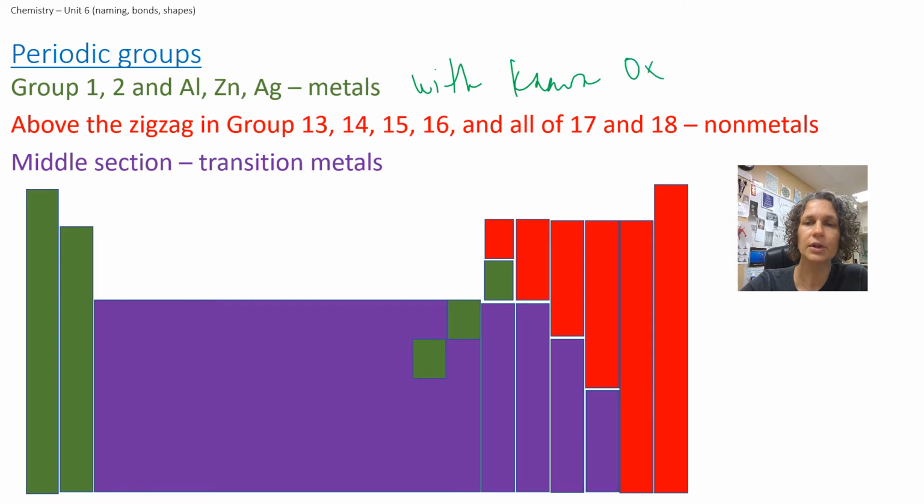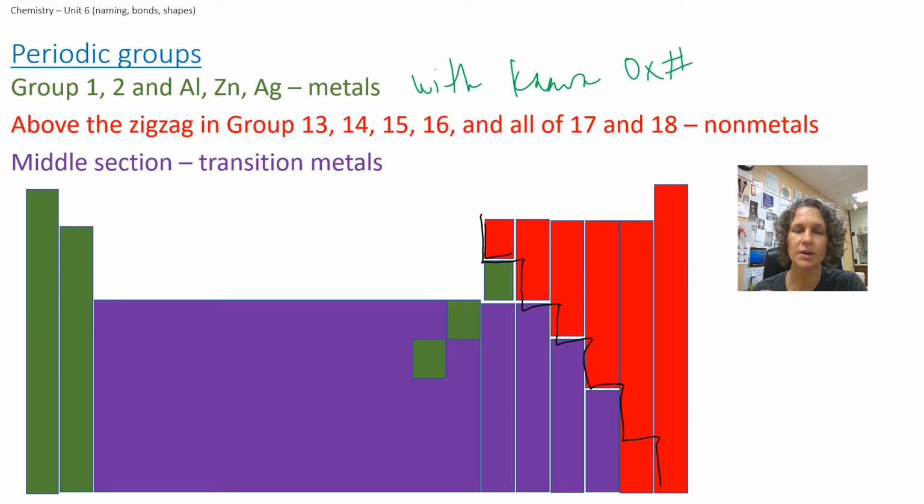I'll write that on here: known ox numbers. So we know always if they're a +1 or a +2, +3 kind of a thing. And then in the red above the zigzag, so remember the zigzag is right in here, and it keeps on kind of going there, this is the separation between metals and nonmetals.